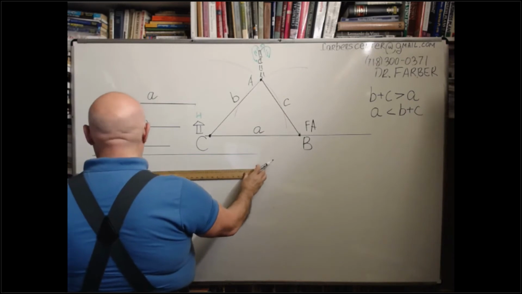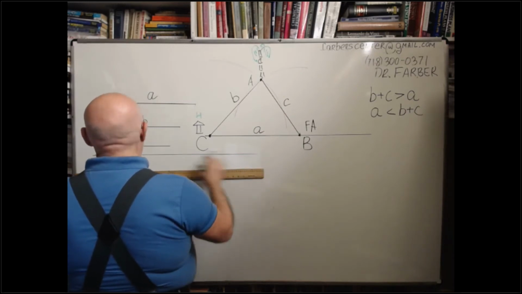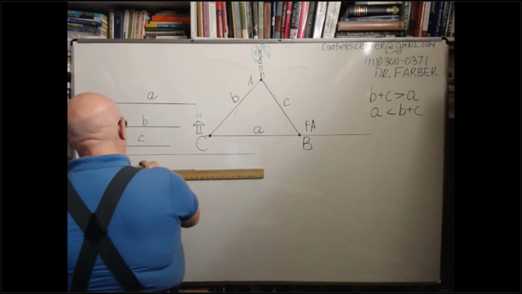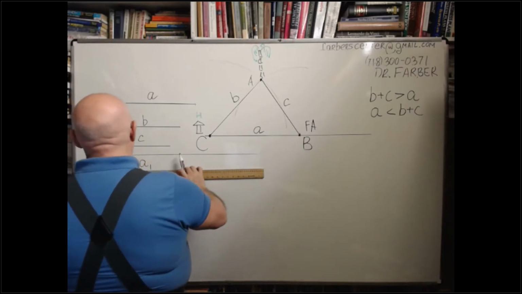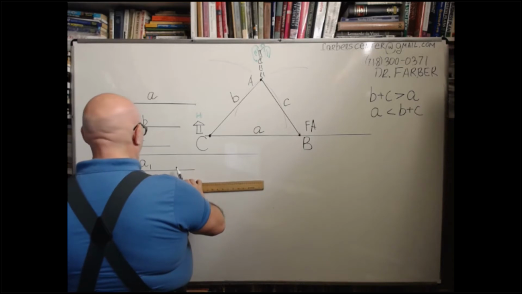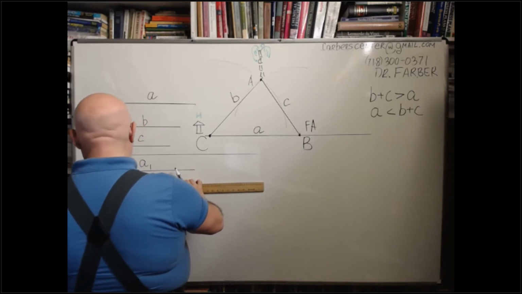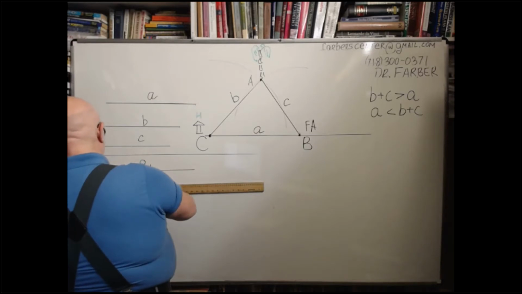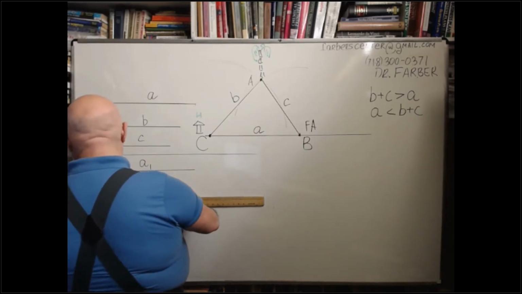And this is, let's say, A1. And this would be B1. And this would be C1.